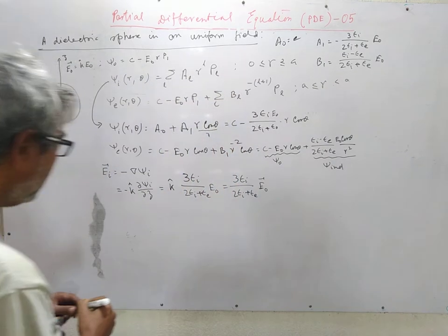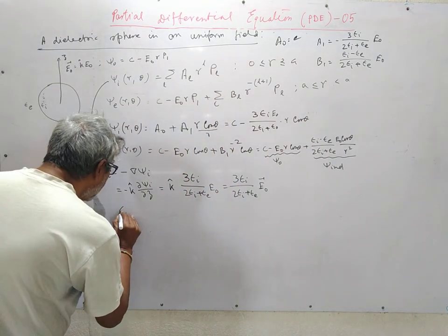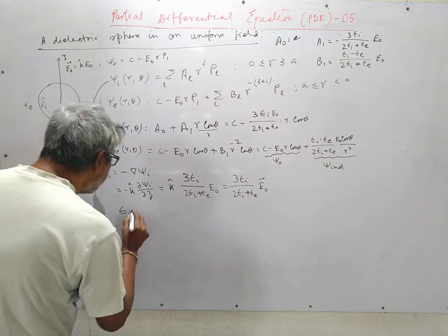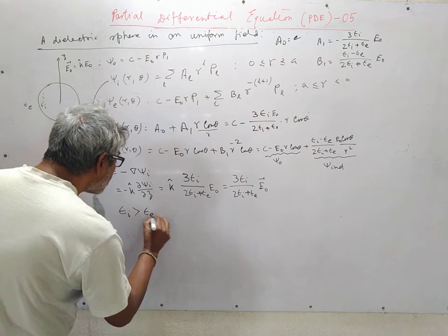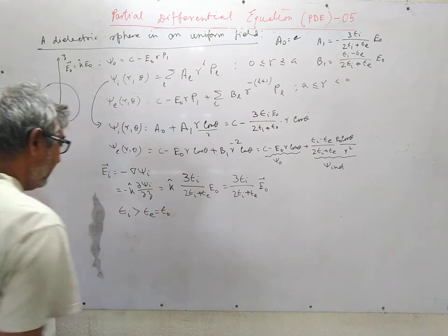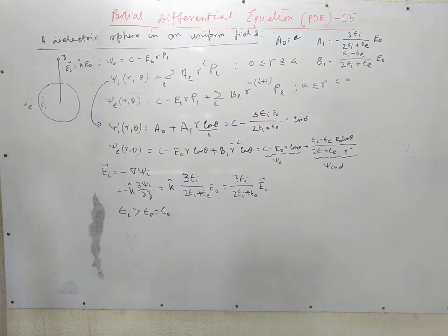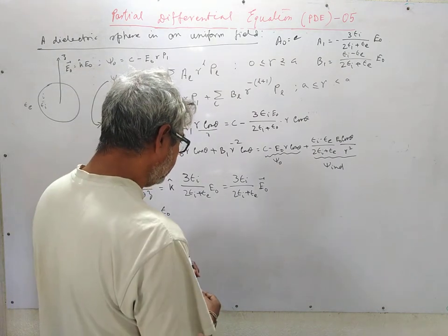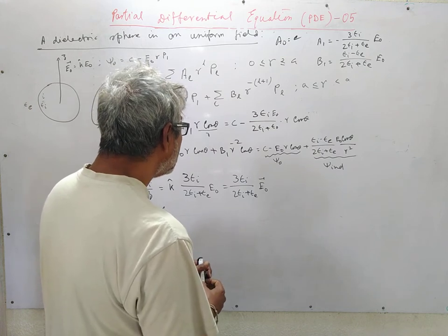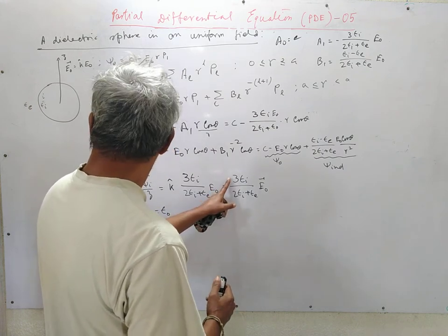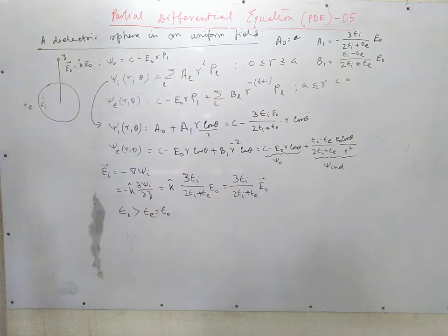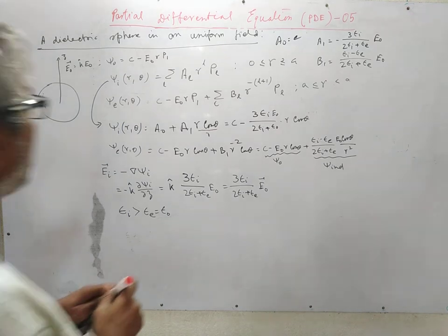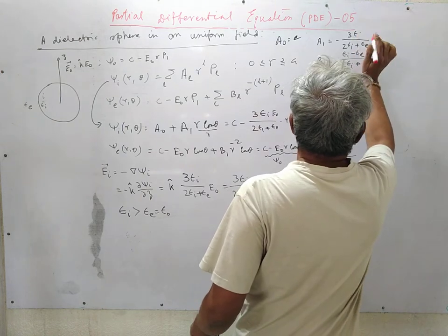Now, in general, epsilon I is the permittivity of the dielectric medium or the dielectric constant, which is greater than epsilon E, which is the vacuum. I am really sorry for this mistake.